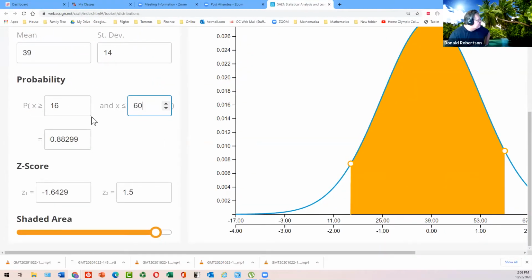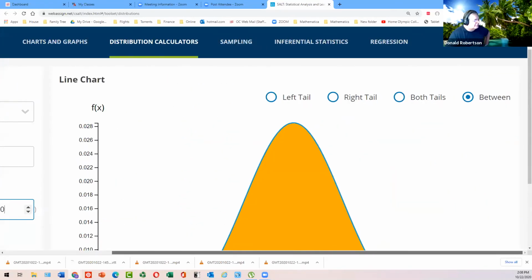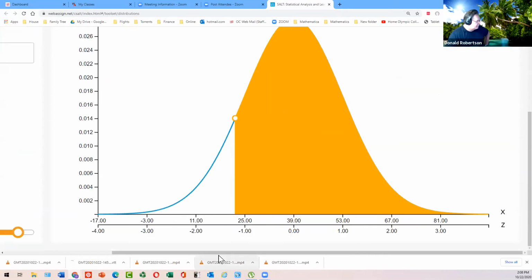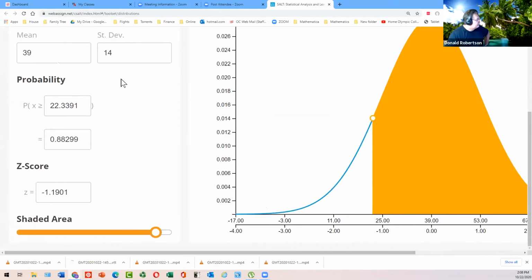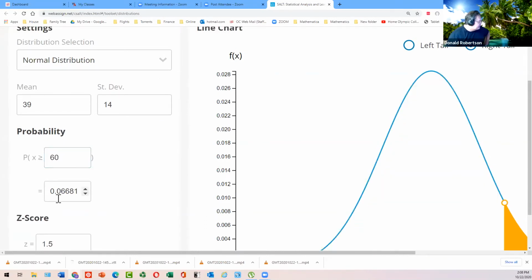So let's see what more than 60 looks like and what percentage of the population that could work with. So right tail is for more, and we want this number to be more than 60. And that comes out as a kind of 6 going on 7% of the people would be detected as that.